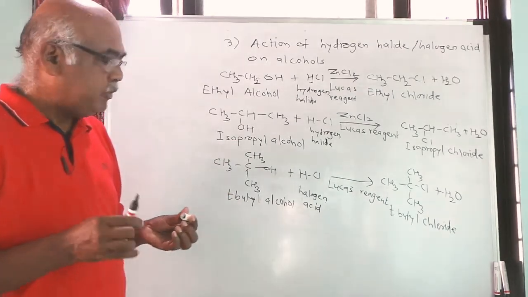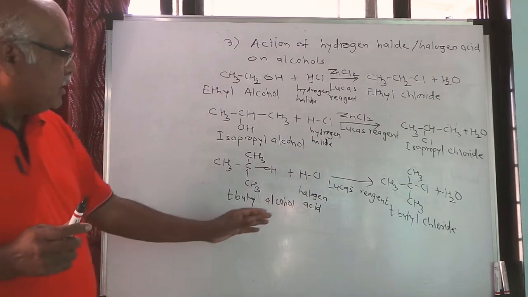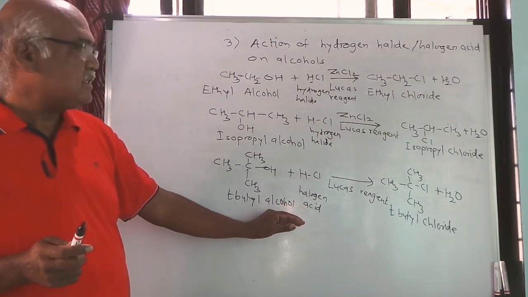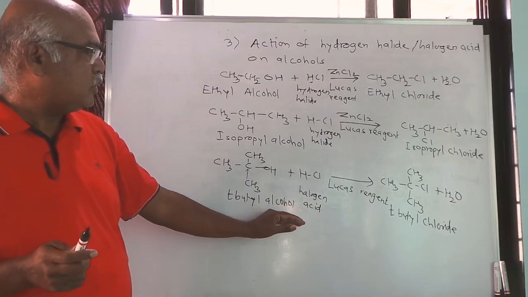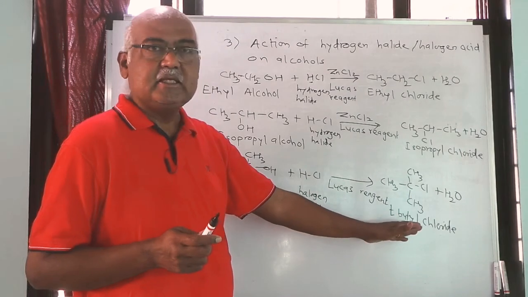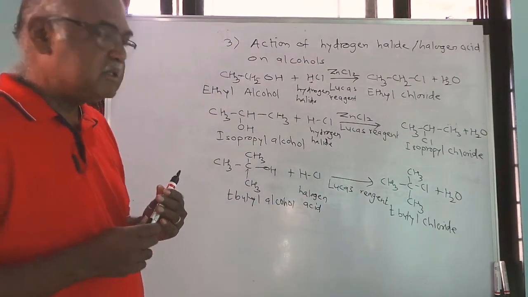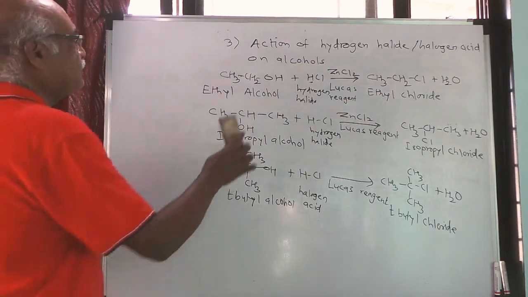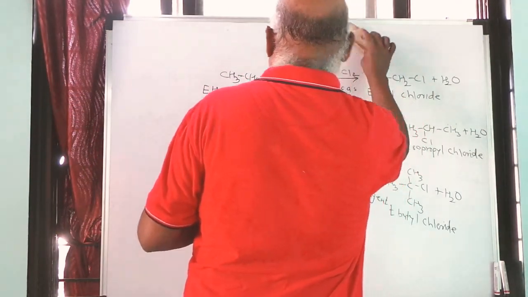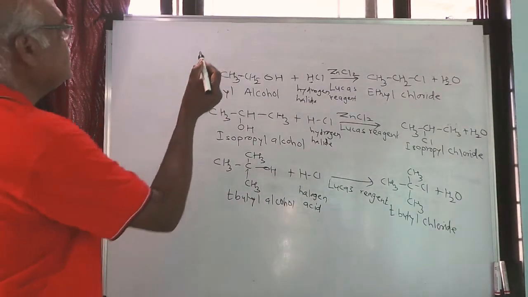That means when this particular reaction takes place, tertiary alcohol reacts in a faster manner. Though conditions are mild, you get the product very easily. Then the secondary alcohol, then the primary alcohol. That means the sequence of this particular reaction will be like this.